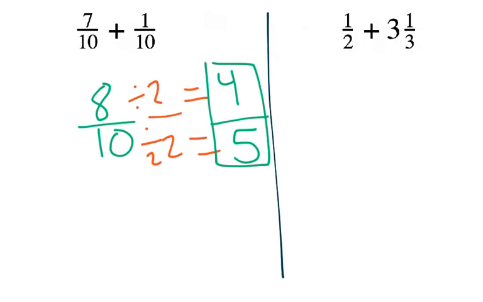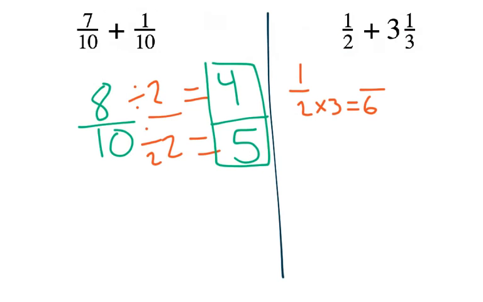So I know that 2 and 3 both go into 6. So if I want to turn 1/2 into a denominator of 6, I know that 2 times 3 equals 6.